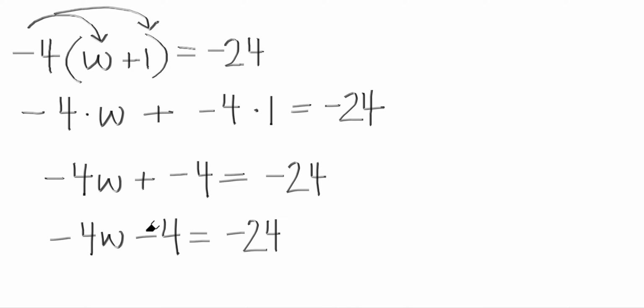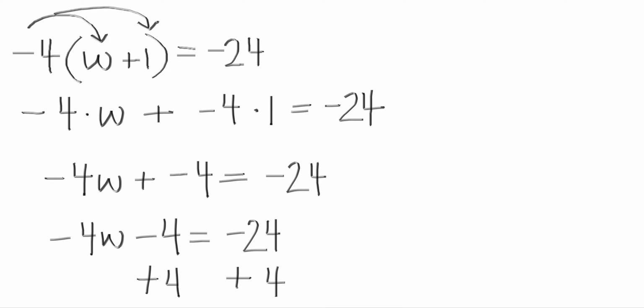We know that subtracting a number is the same as adding the negative of that number. So right here, we know that this step is valid. We're allowed to do that.